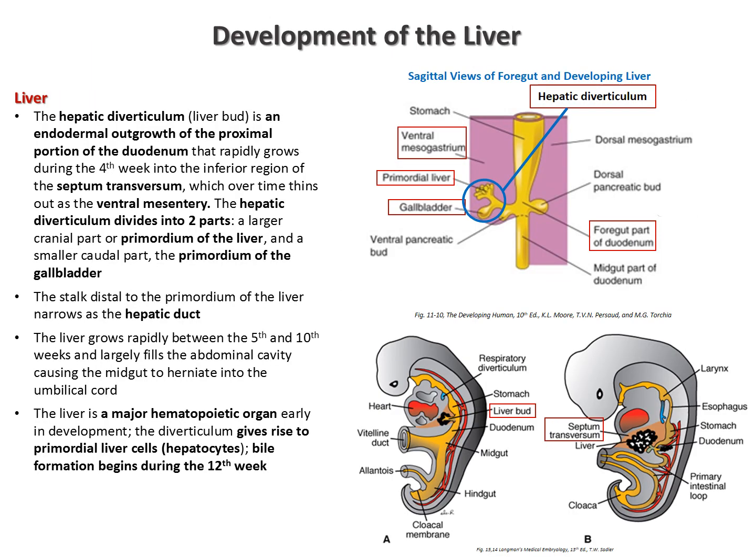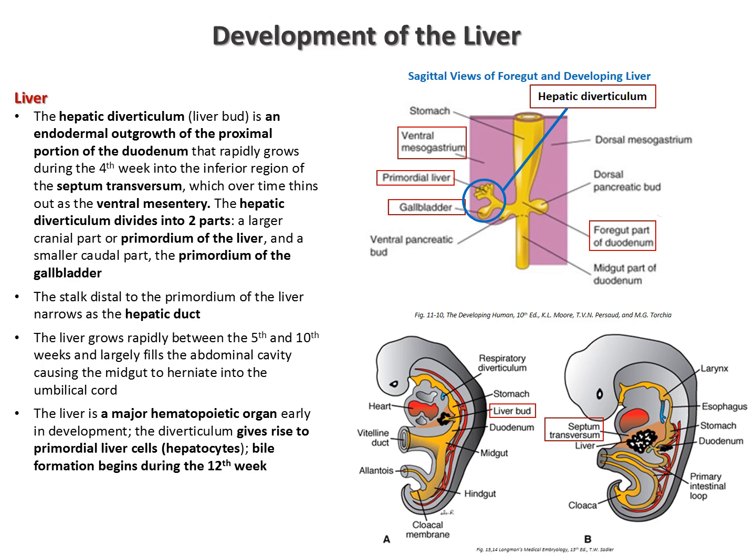The sagittal views on this slide depict the development of the liver. The primordium of the liver arises as the hepatic diverticulum or liver bud, an endodermal outgrowth of the proximal portion of the duodenum that rapidly grows during the 4th week into the inferior region of the septum transversum. The septum transversum over time thins out as the ventral mesentery.